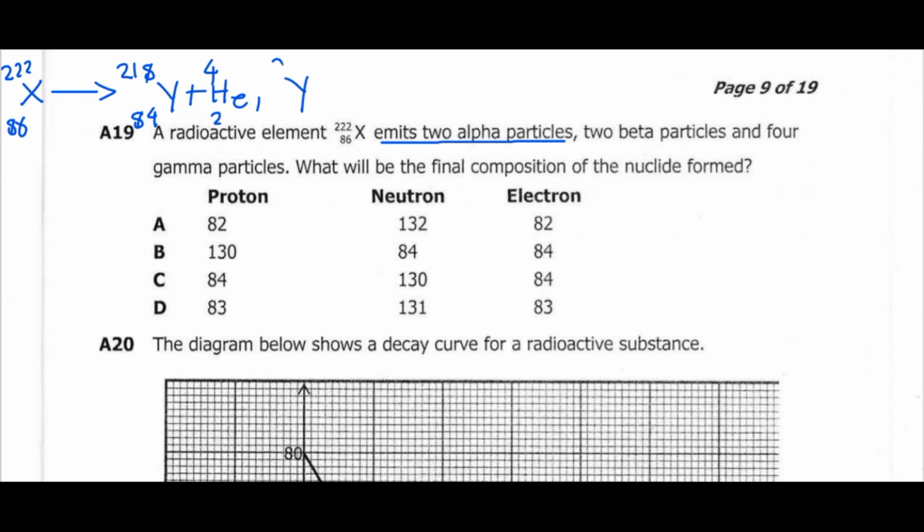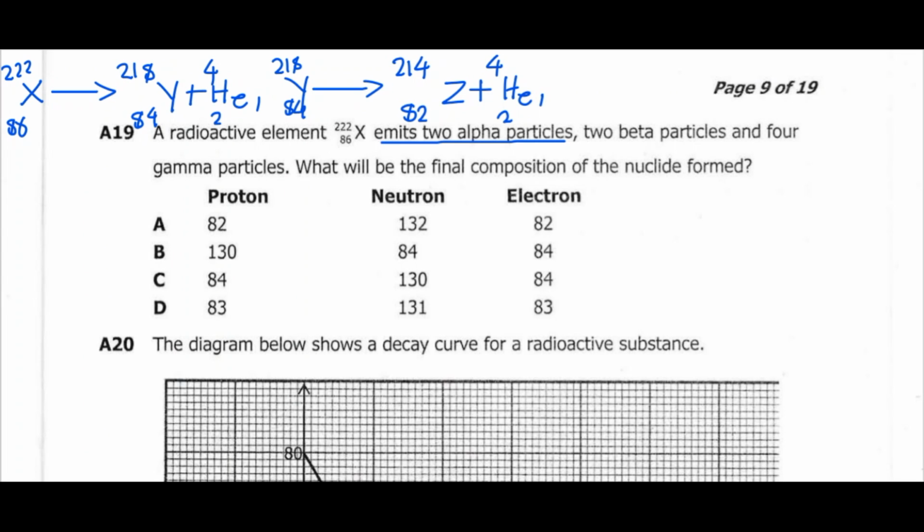Y with 218, 84 emits the second alpha. 218 minus 4 gives us 214, and 84 minus 2 gives us 82. Then we say this is our Z plus He 4 2. Now we are done with the emission of 2 alpha particles.